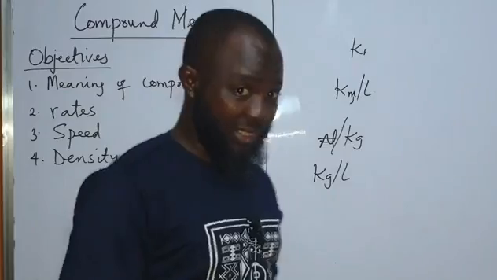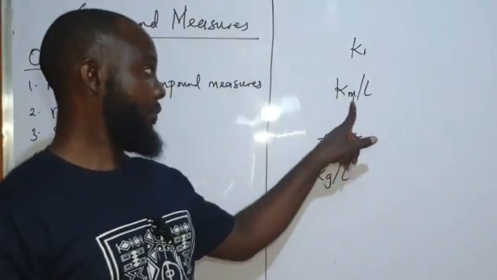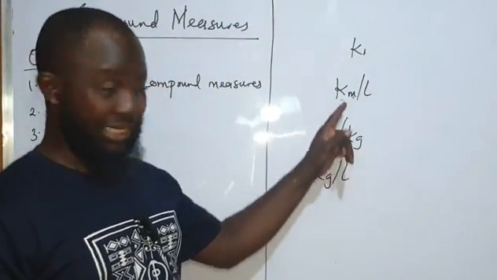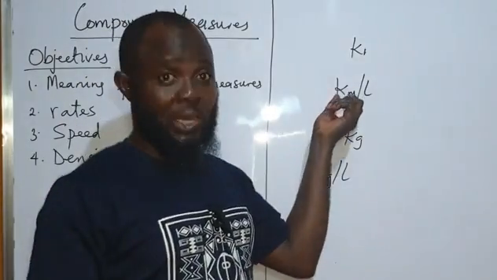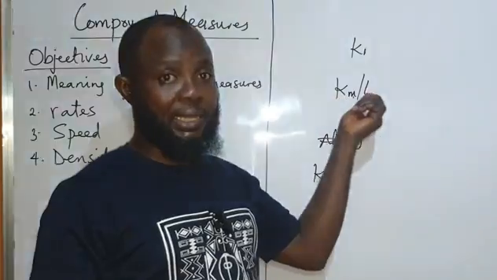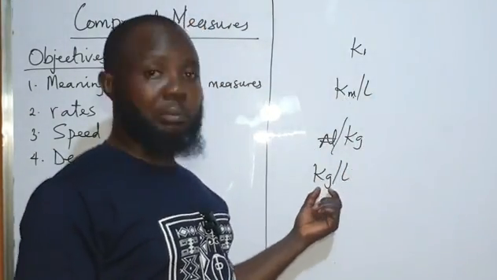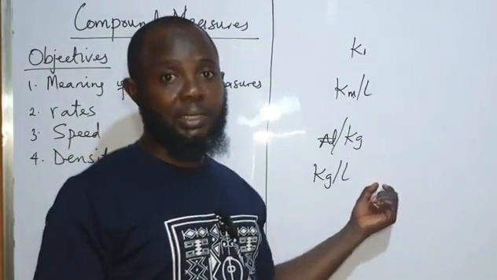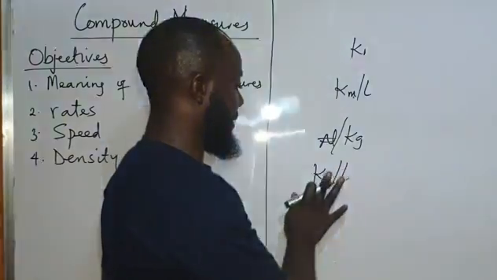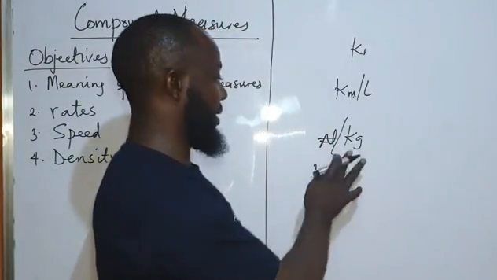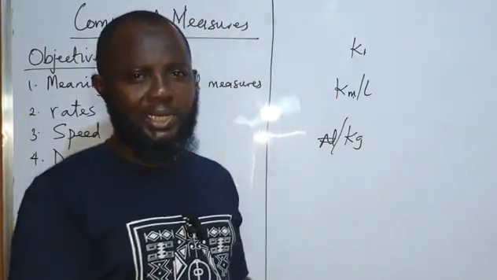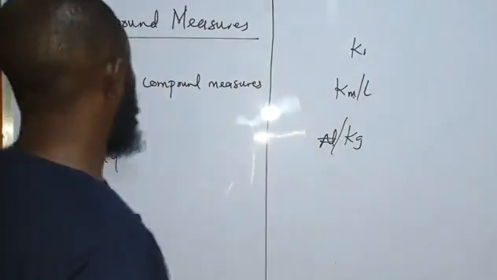So what that means is that you can see that we have two units here. We are comparing kilometers and liters. We're comparing naira and kilogram. We are merging kilogram and liters, right? We can also have kilometers and meters and so on and so forth. So that's what we refer to as compound measures.